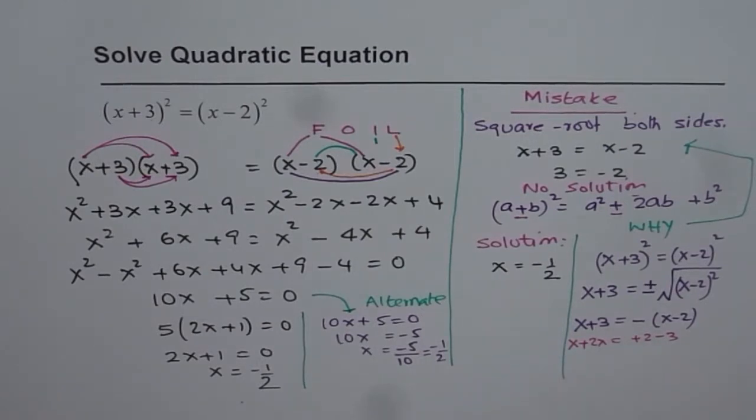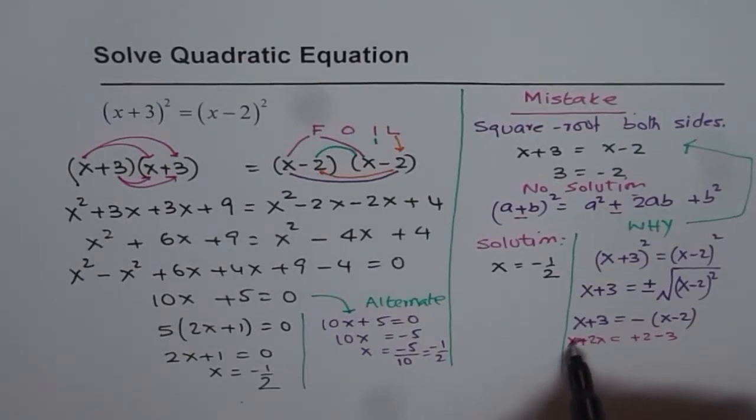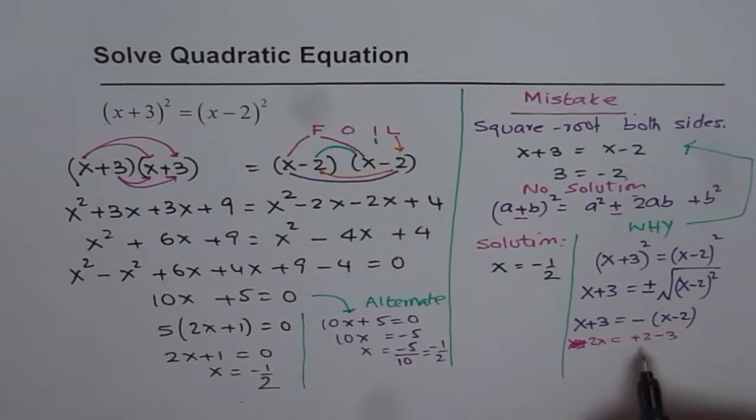So that is why we could have got a different solution there, right? So that is one way of looking into it. So x plus x is 2x. So we get 2 minus 3, and then you can solve for x here. x equals minus 1 over 2. So same solution.